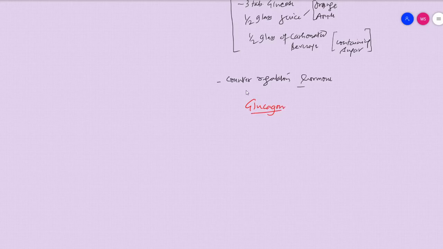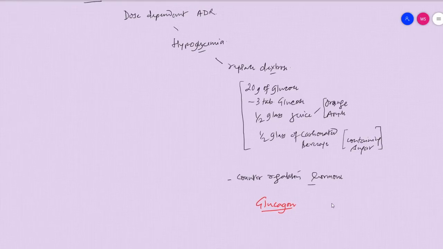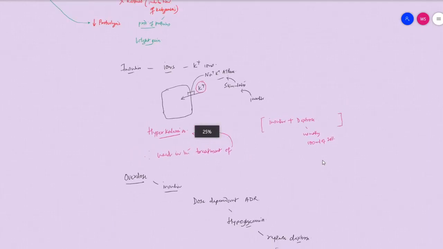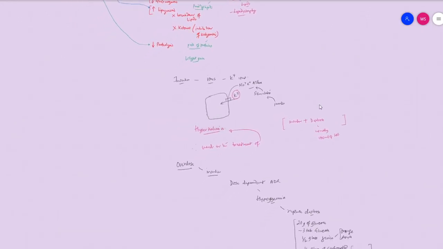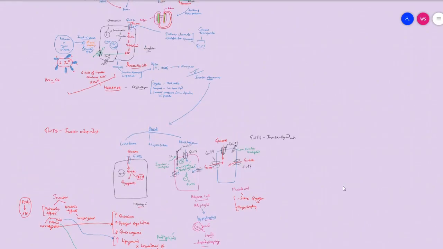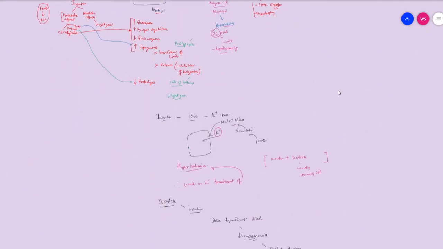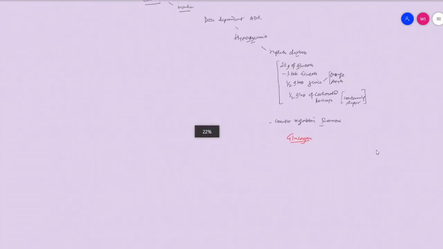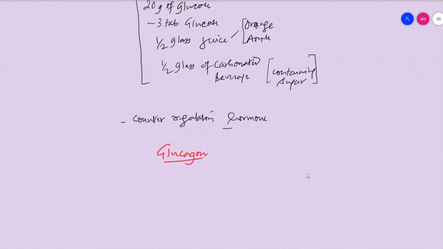If glucagon is administered, it can reverse the hypoglycemia caused by insulin. So, all in all, if we remember these aspects, we can easily discuss the pharmacology of insulin.